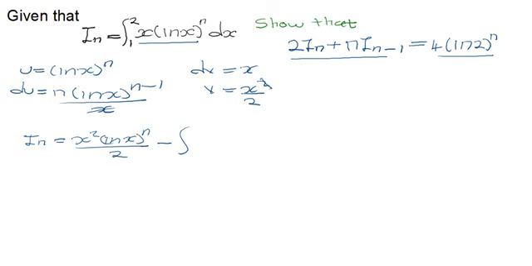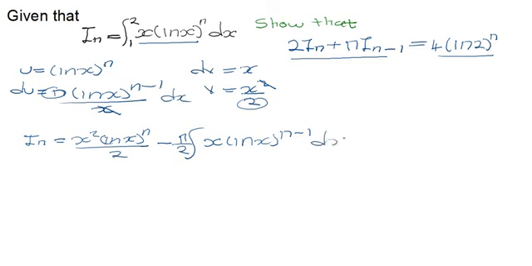I can write the n over 2 in advance outside, so you say n over 2, this is the n here, and the 2 right there. Then the integral of, so here instead of writing x on the denominator and x squared on the numerator, they cancel, so I remain with x multiplied by the natural log of x to the power n minus 1, and of course we have dx here.